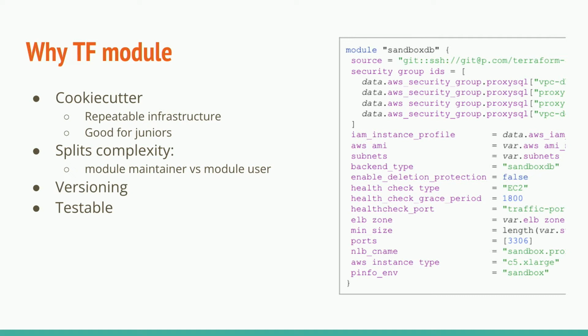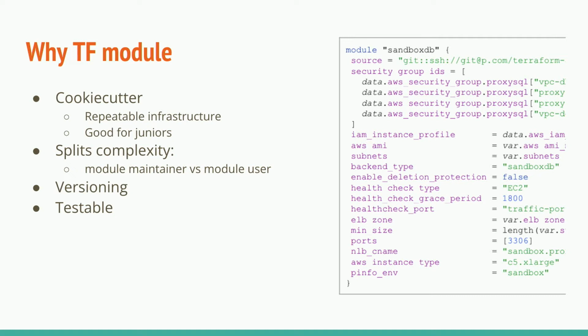The module has a version. Again, this is very important to keep track of your infrastructure, keep track of the complexity of the infrastructure, and if you introduce some new features in the module, you can be sure that you are not going to break existing stuff, right?